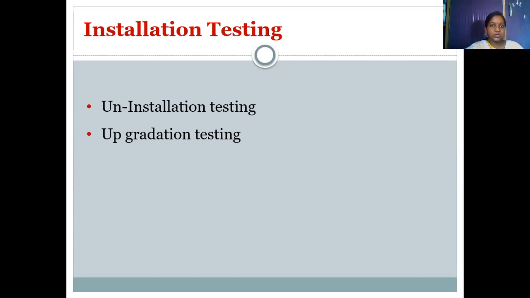So at the time of installation, whether you are properly prompted with the message that if that particular software is not there on your system, then are you going to install it with the fresh copy, with the fresh files and folders, or if the earlier version is there on your system, you are going to make the changes in only those files which are getting updated. Okay, so that kind of upgradation you will be doing in case of upgradation testing.